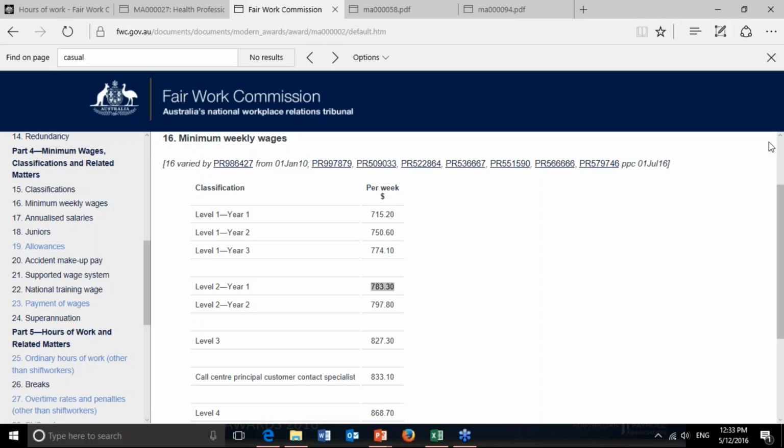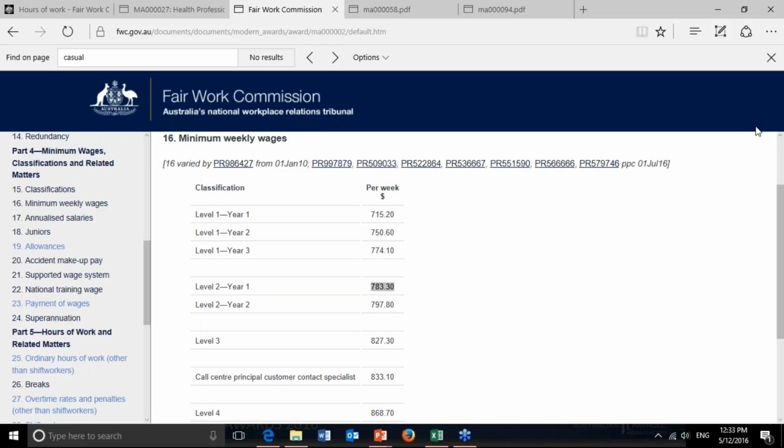Sorry, what about paid work experience in the building and construction award? Do they get super? The same superannuation rules would apply. There are some awards that provide for more than the SG Act, but generally, if an employee is under 18, I don't know if they are or not, and not working more than 30 hours a week, there's no requirement to pay super, or if they haven't earned $450 in the calendar month.